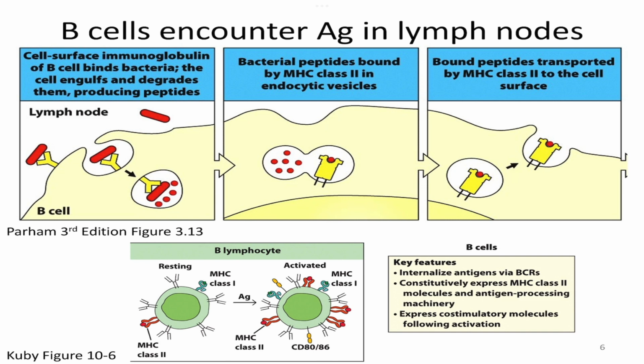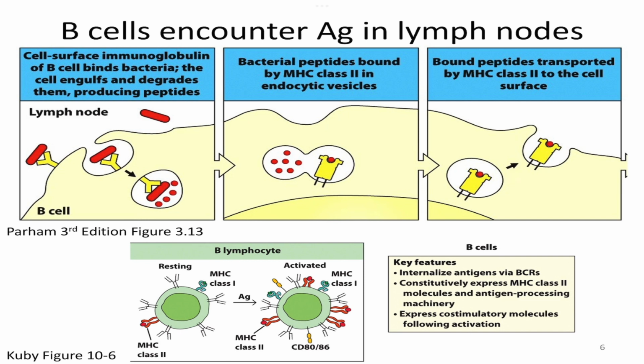That is going to start some signal transduction that looks very similar to the signal transduction we saw downstream of the T cell receptor. And we will also have the B cell internalize that antigen via receptor-mediated endocytosis.